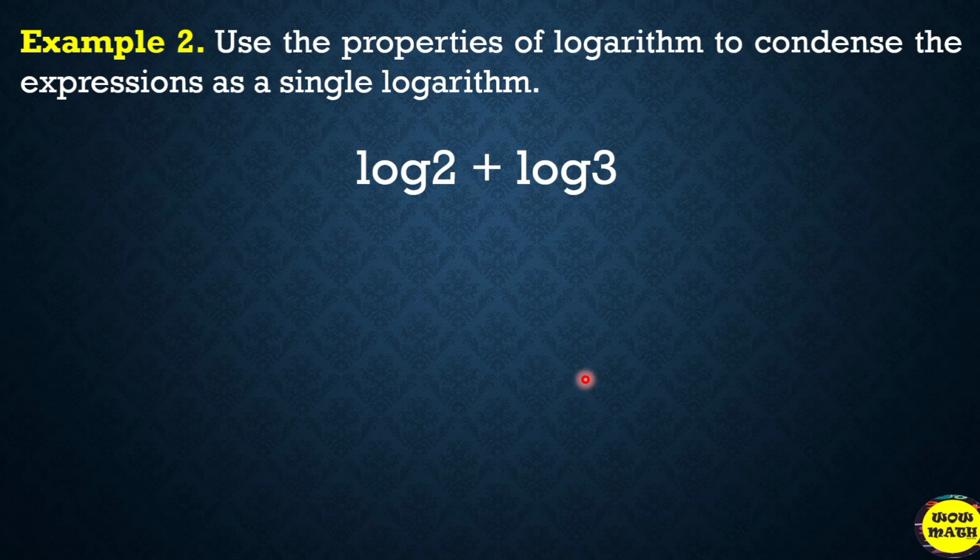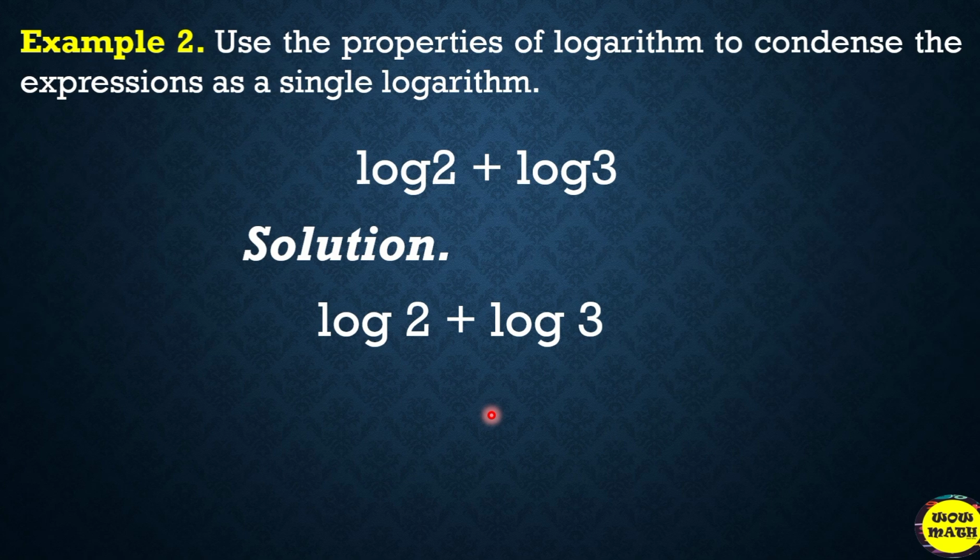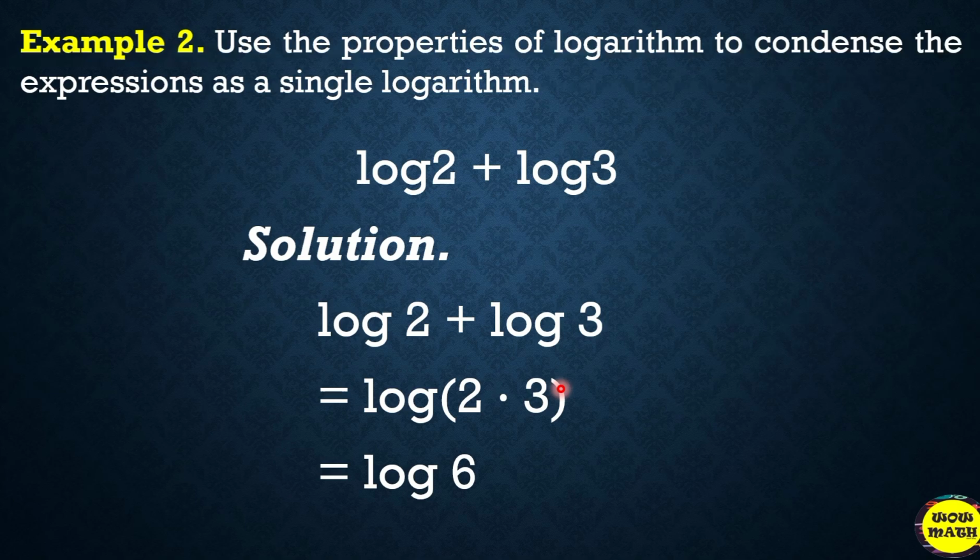Since addition ang ginamit na operation, so may idea ka na na ito ay the logarithm of a product. So, anong gagawin? So, log 2 plus log 3. Since addition nga yung ginamit natin, so pabaliktad tayo, no? So, 2 times 3, and 2 times 3 is 6. So, the answer is logarithm of 6.